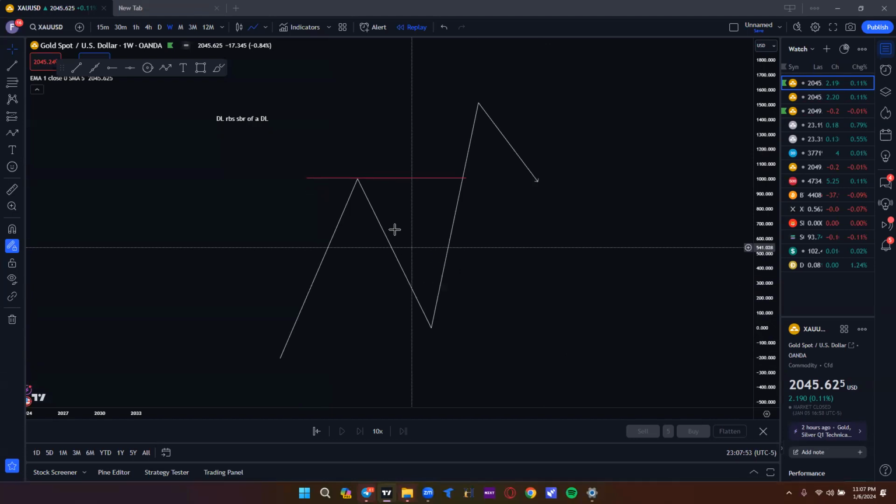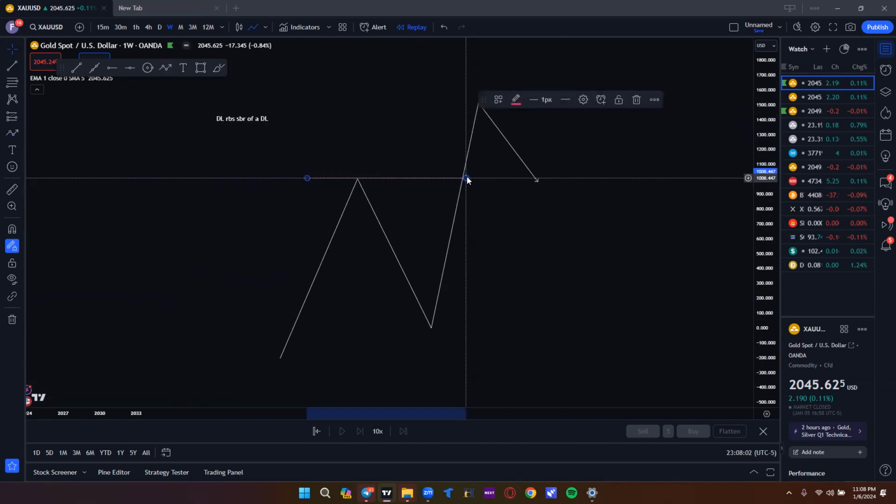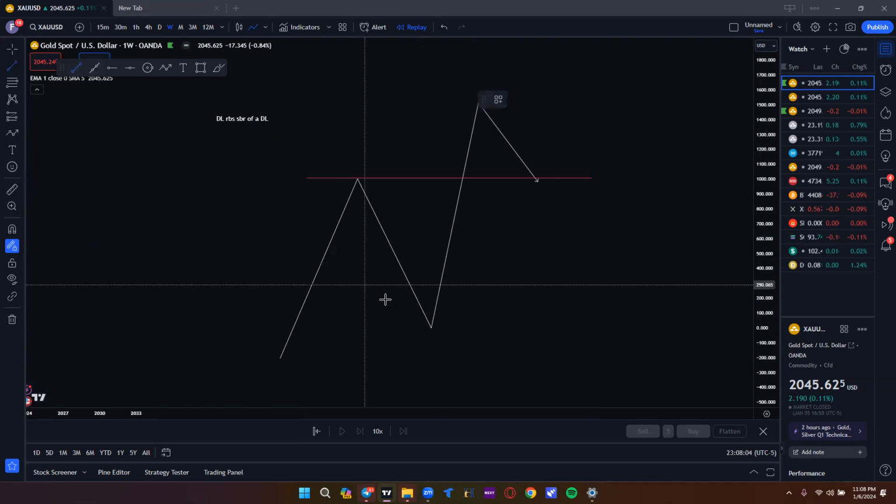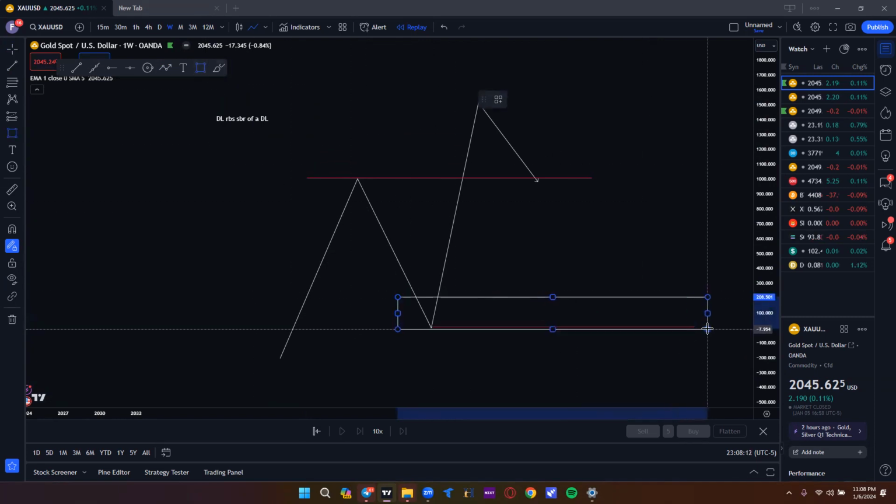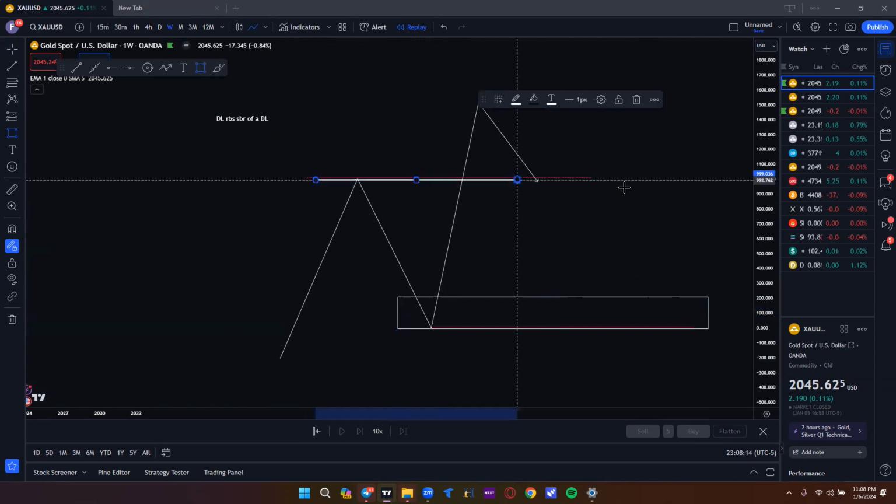Now, traditionally, in the traditional support and resistance method, you want to take the buy from here, or you want to take the buy from here. That is just the natural support and resistance way of doing things, right? Something in this zone here, or the zone in here.